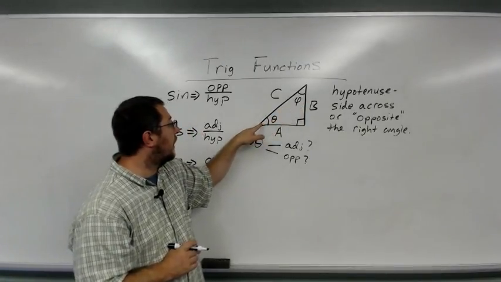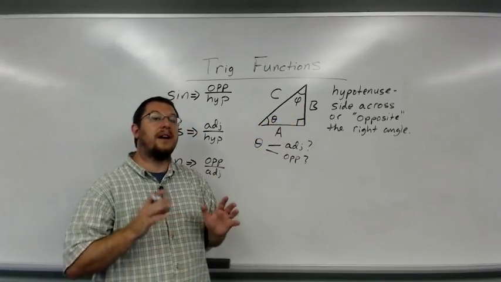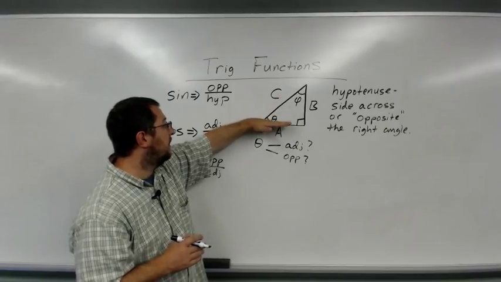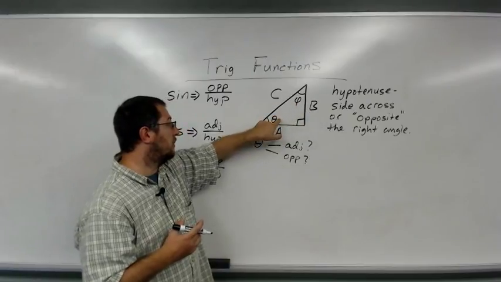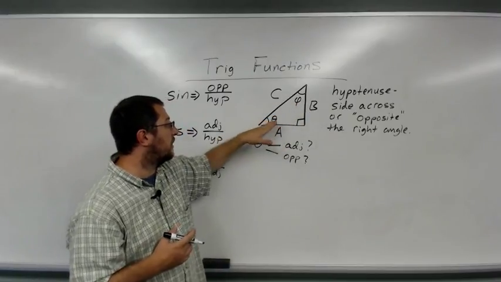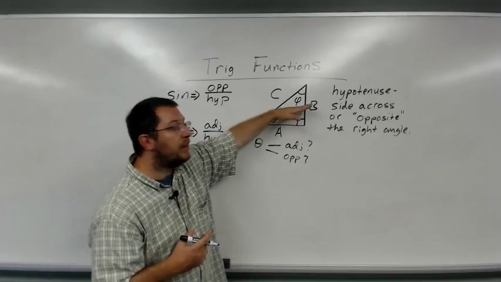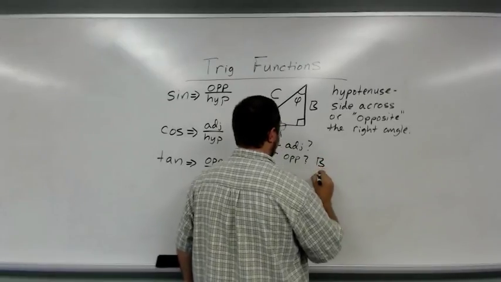Okay, so my opposite side here is going to be B. It's the side that does not touch the angle. So my angle is made up of sides A and C. B is the side that does not have anything to do with theta. It does not touch theta, so therefore B is my opposite side, or it's the side that I hit if I move outward from my angle. So my opposite side is B.